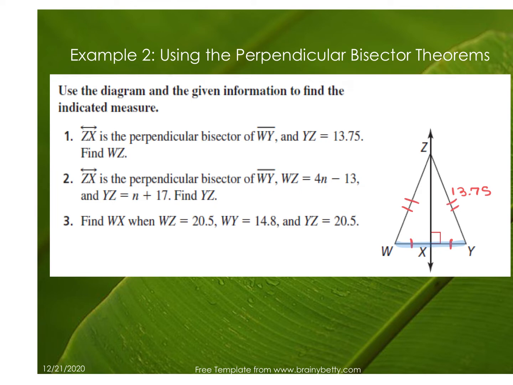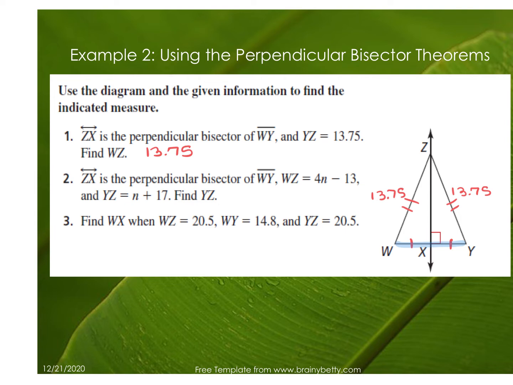So if ZY is 13.75, so is ZW, or WZ. So the answer to this first one is going to be 13.75. I didn't have to do any calculations. So this was using the perpendicular bisector. And again, remember, if a point lies on the perpendicular bisector, then it's going to be equidistant from the endpoints.